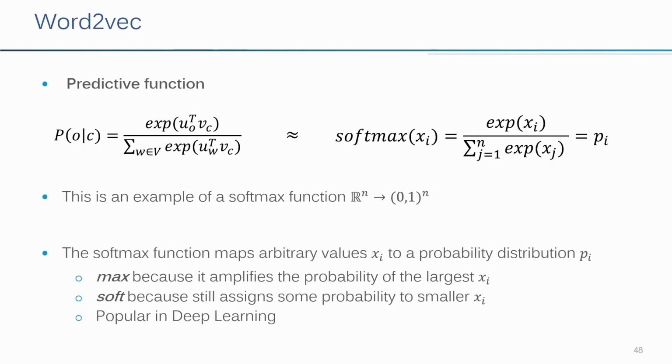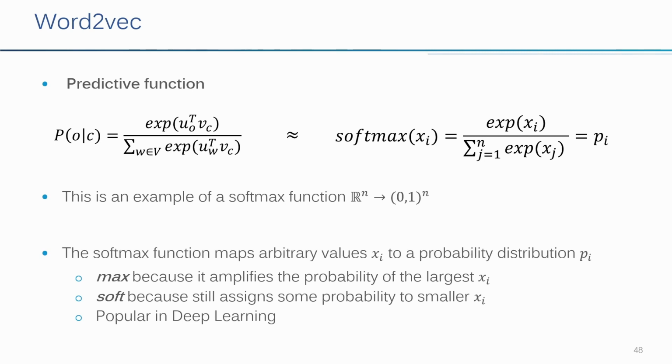So that predictive function that we have is a softmax. This is an example of a softmax, where we take any real value, and in the end we get a final value between 0 and 1 for any dimension. The max here is a bit misleading, because you would think you would get the max value of whatever you have there.